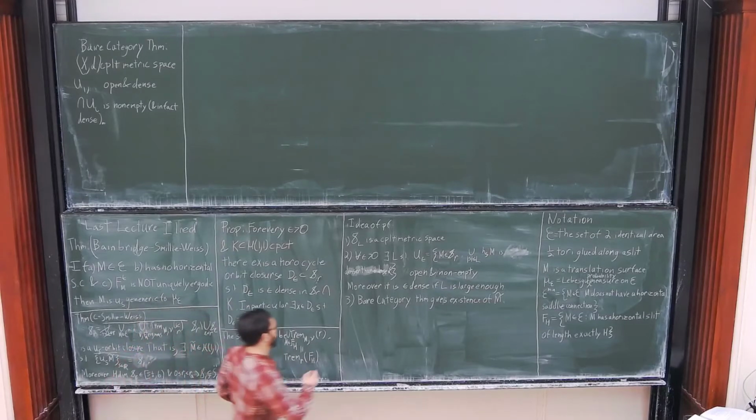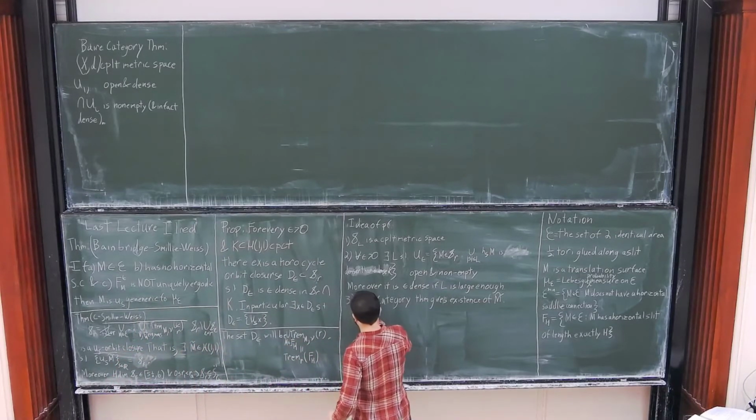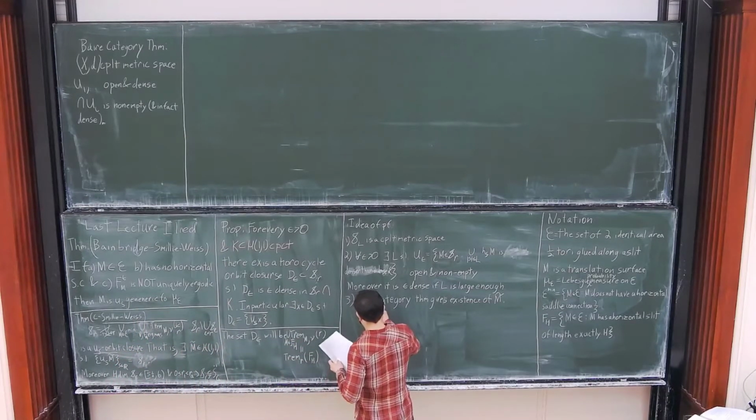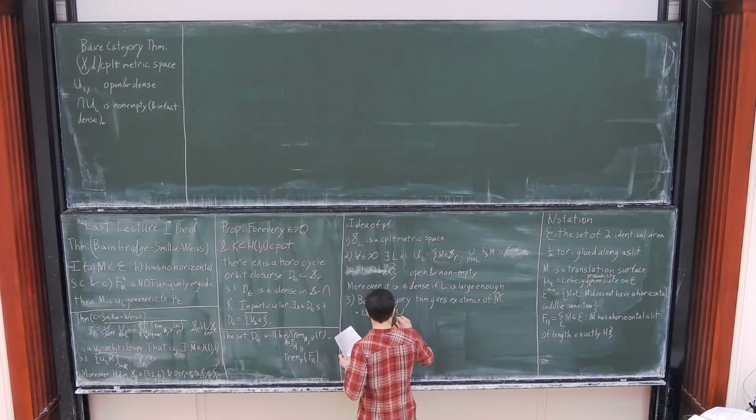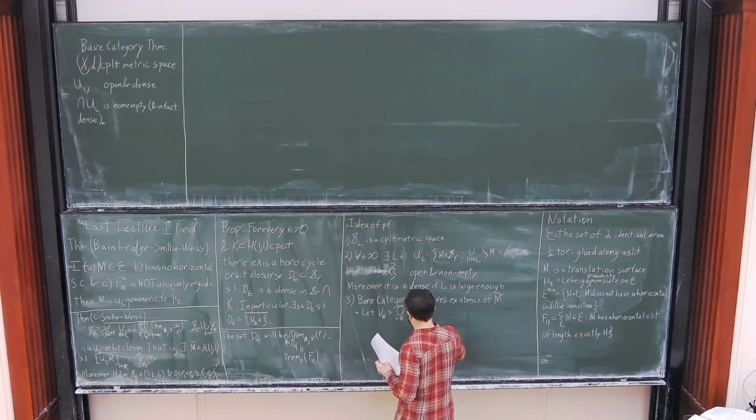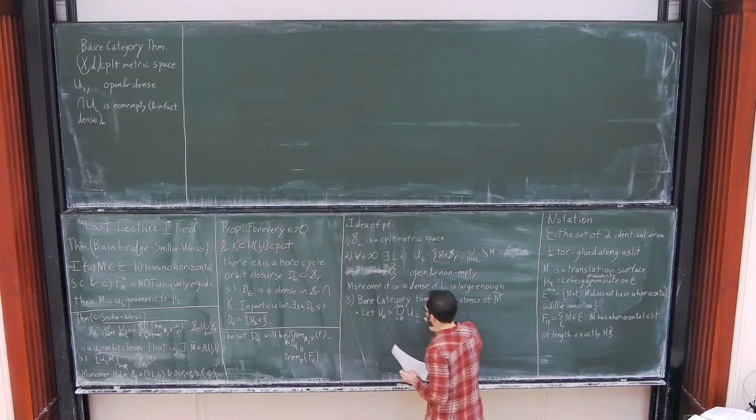Okay? So what do I want to do to invoke this? Let V sub n be equal to the union from i equals n to infinity of U sub 1 over i, which is open and dense.